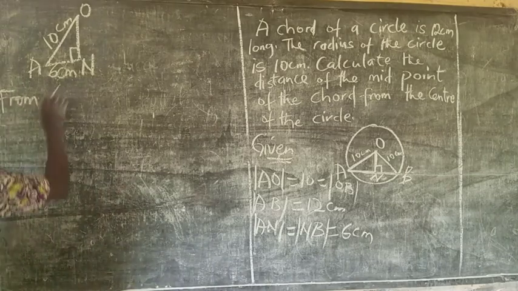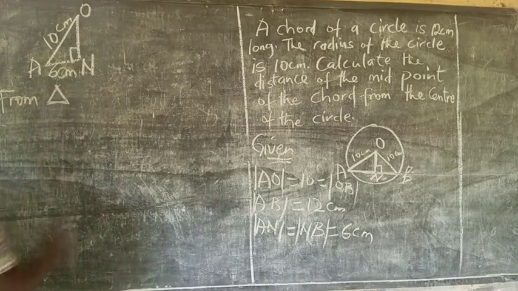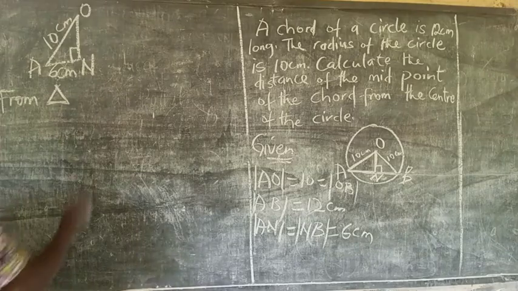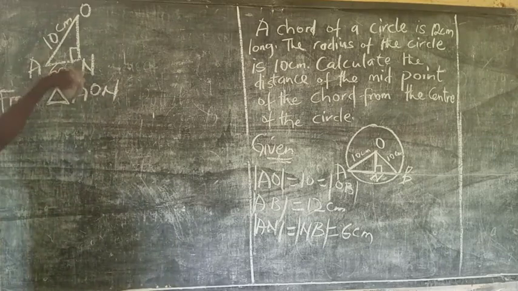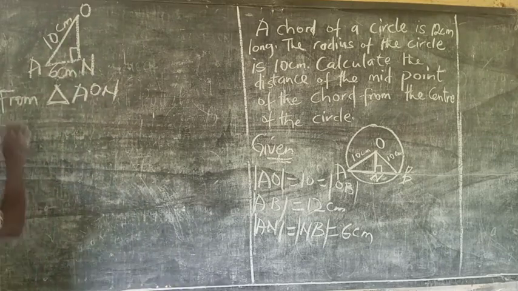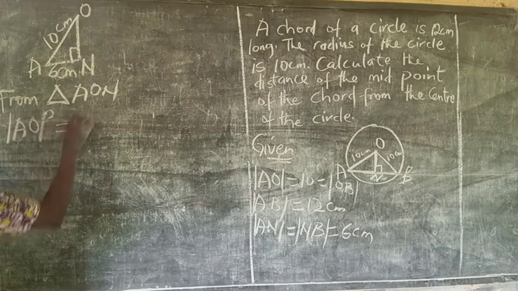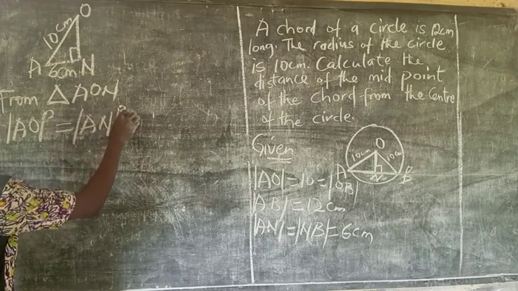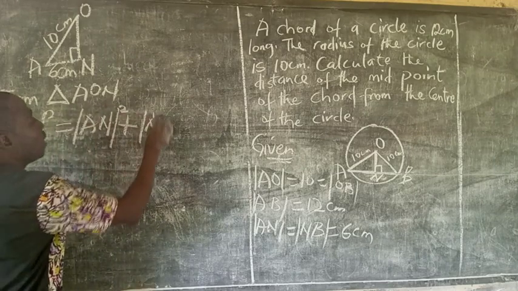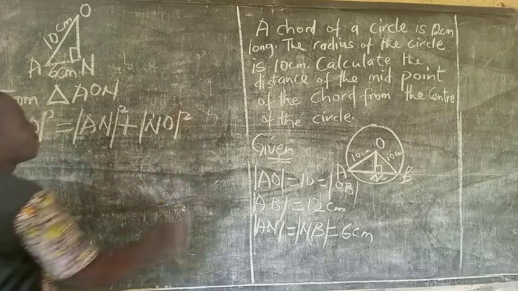From triangle AON, we can see that AO squared is equal to AN squared plus NO squared.